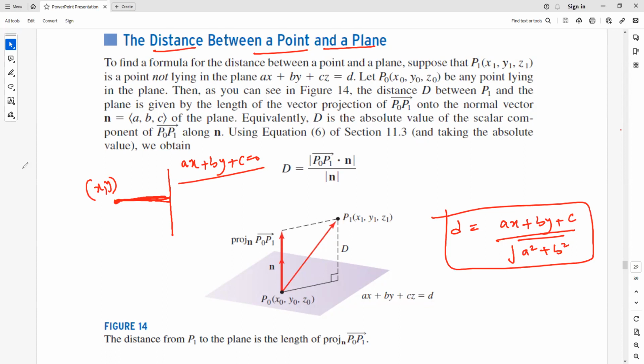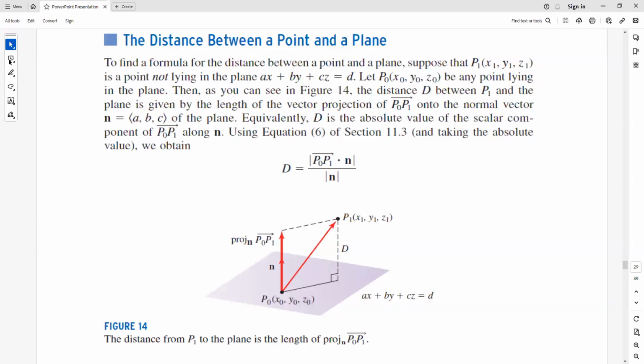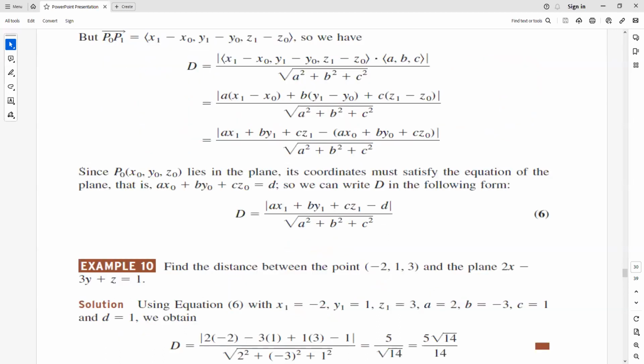Similarly, for the three-dimensional case, we can use the same concept. So the formula we get is this one. This is just the extended version of the formula that we use in the two-dimensional system.